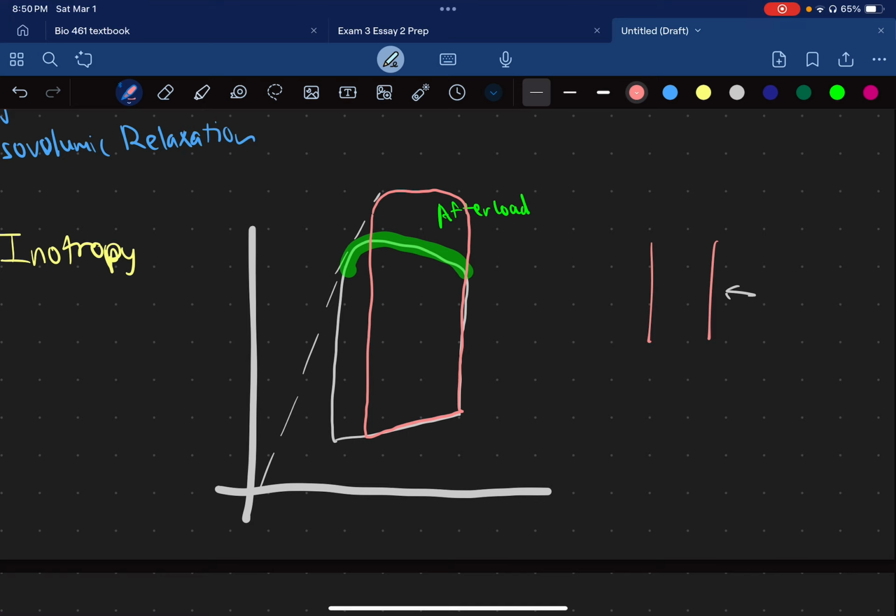And same thing if the afterload is decreased or if there's less pressure, then we can go up and not go as high. Pressure decreases and we're able to get out more volume. So yeah, that's what afterload is.